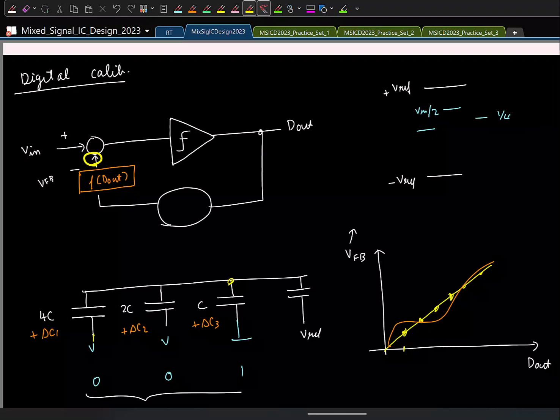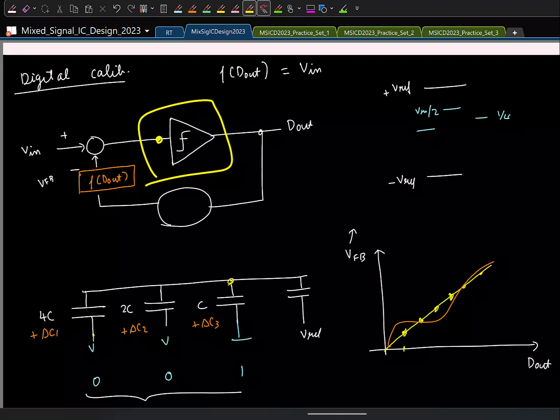The feedback signal is, let us say, f of d out, right? Now what will be equal is f of d out. That is what the negative feedback loop will do. It will just try to make sure that the feedback signal tracks the input signal so that the error signal which is processed by the comparator is 0. That is the whole point, that's how a negative feedback loop operates. Is that okay?